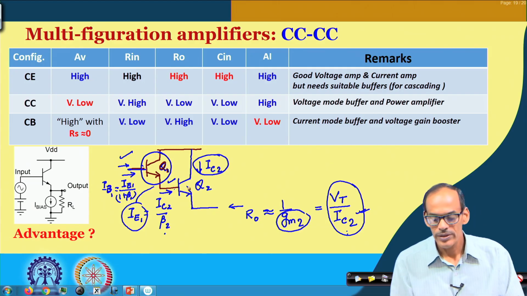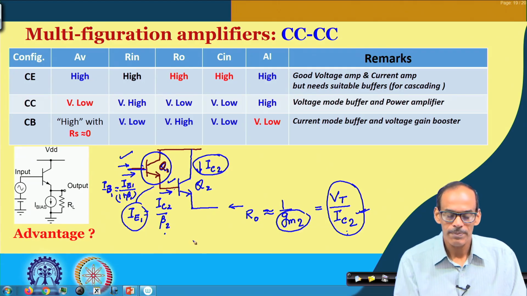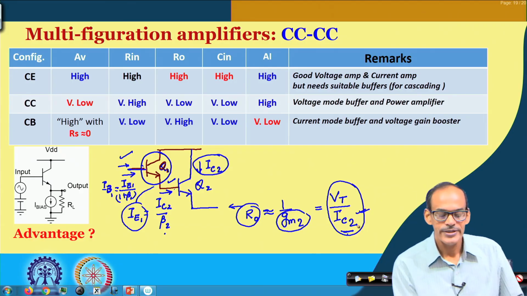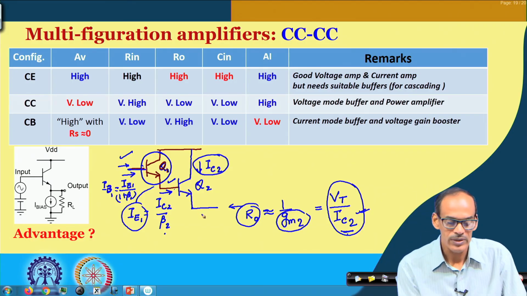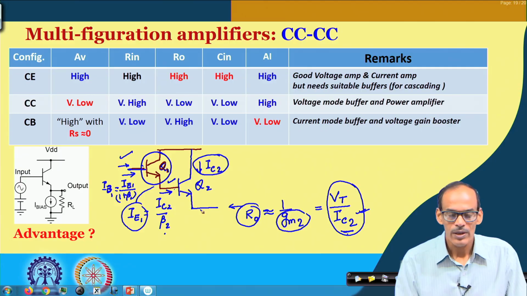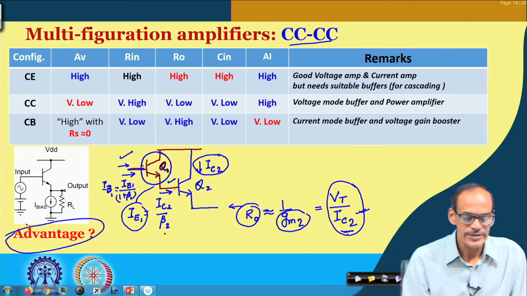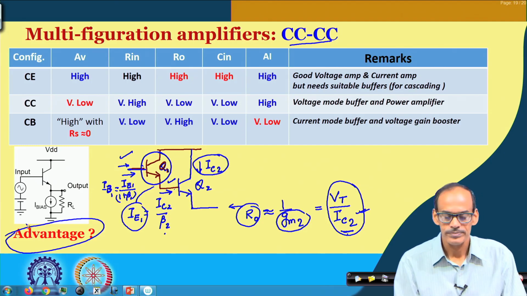So what we get here is the output resistance, because this IC we can support very high value, and you can see that the output resistance of the CC stage is very low. That is the advantage of having CC followed by CC.